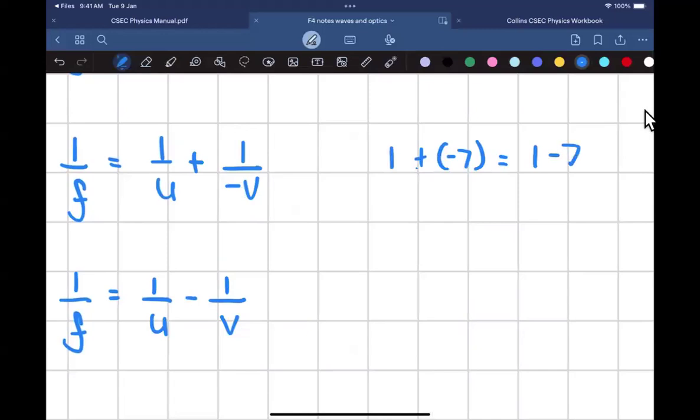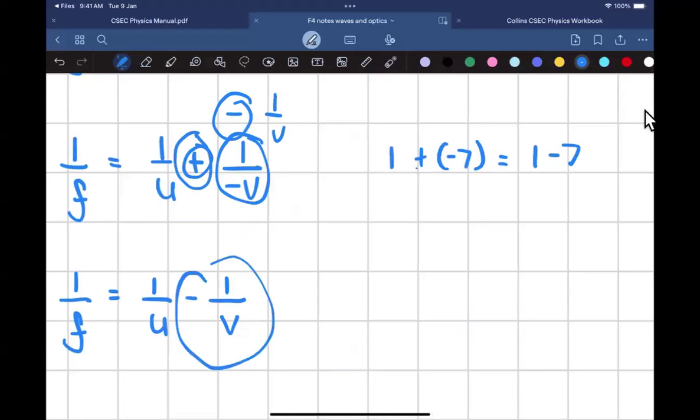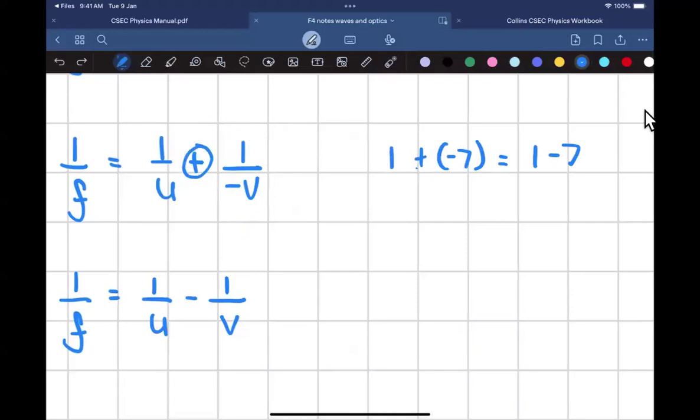So over here, I have plus 1 over minus v. Now 1 over minus v becomes minus 1 over v, and then we have a plus by a minus, so I just write minus 1 over v. You understand? Let me know if it confused you a bit. No, I understand. Okay.